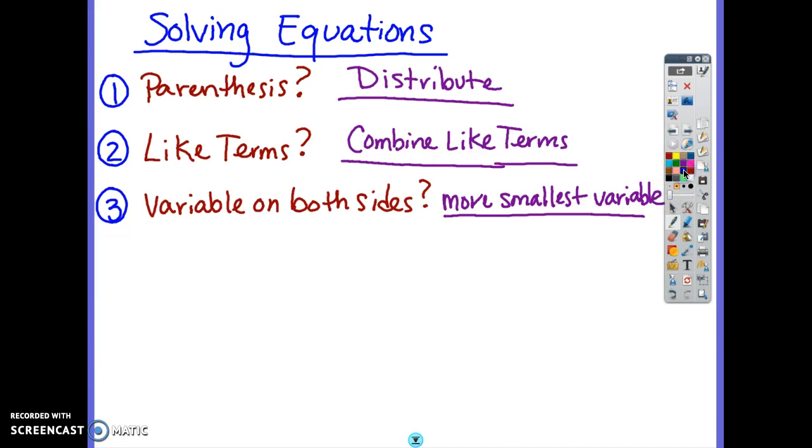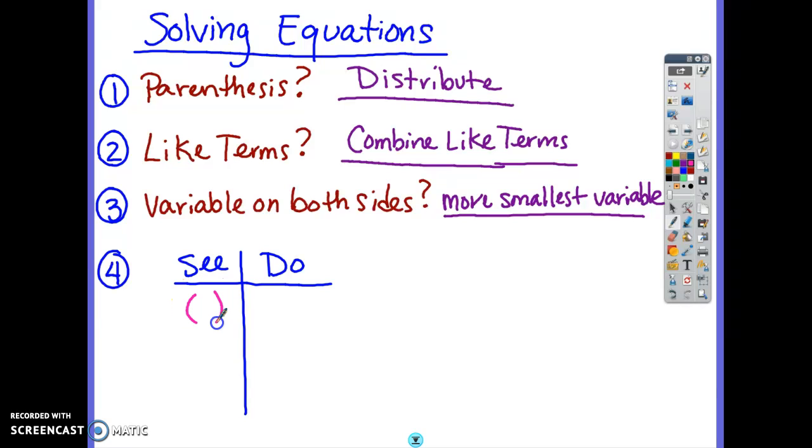And then step number 4 is what I wrote down on the board today: see do. Okay? That means what do you see happening with your variable? Is your variable multiplying? And if so, what do you do? You divide. You do the opposite. Is your variable dividing? And if so, what do you do? You multiply.